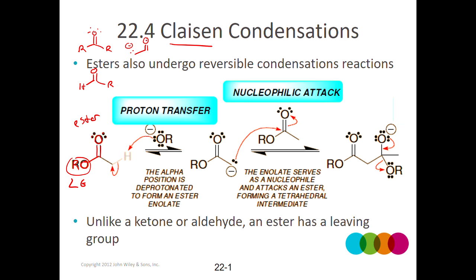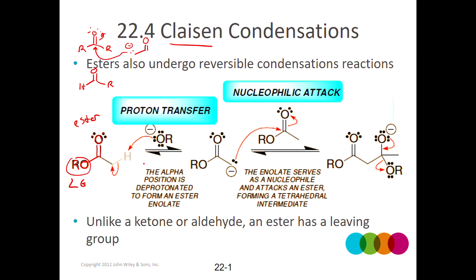The major resonance contributor has a negative on the oxygen. The enolate has to come in here and push electrons up, and then those electrons stay on that oxygen until a proton source is added, and it turns it into an OH, and then it may be heated to undergo a subsequent elimination reaction. We talked about that.